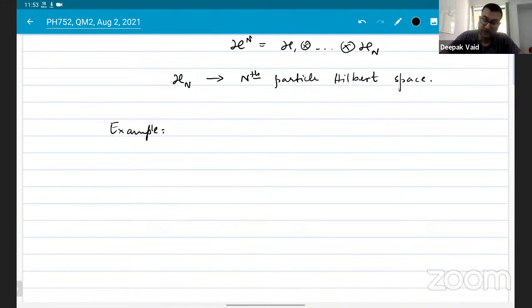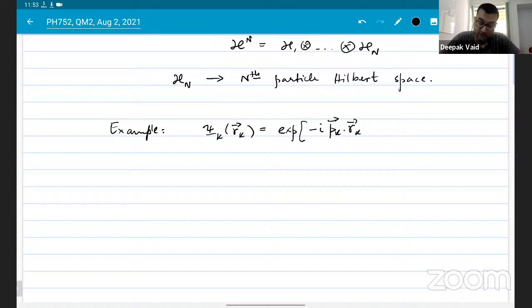So let's just take our particles to have a really simple form, our states to be plane waves. So psi k for the kth particle, I will just take it to be exponent of minus i pk dot rk, divided by h bar.